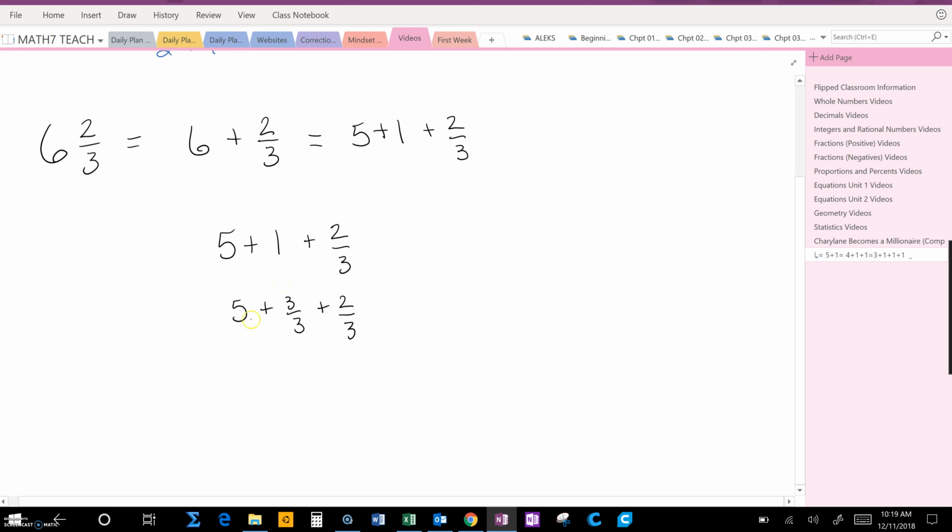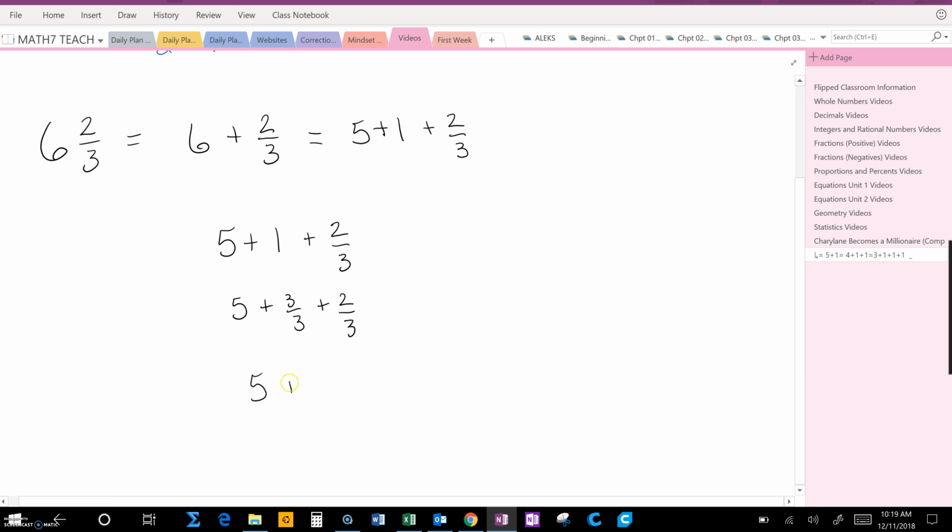So therefore, 5 plus 1 plus 2/3, which is 6 and 2/3, could be rewritten as 5 plus 3/3 plus 2/3, which is still 6 and 2/3. Now, I could take the 3/3 and the 2/3 and add them, and I would get 5/3. So now I could end up with 5 plus 5/3. So we know that 5 and 5/3 equals 6 and 2/3.